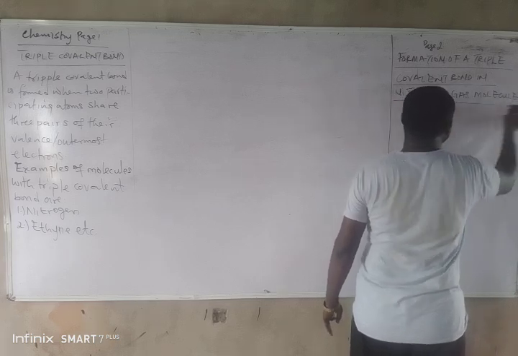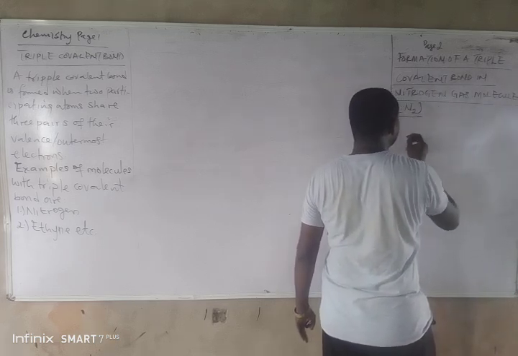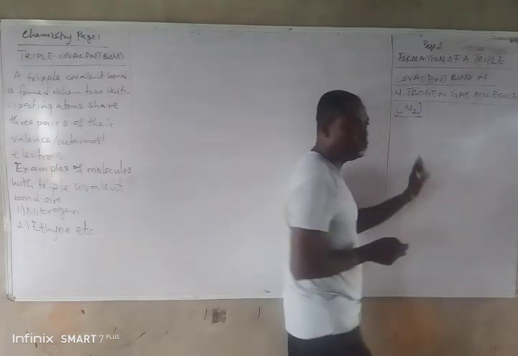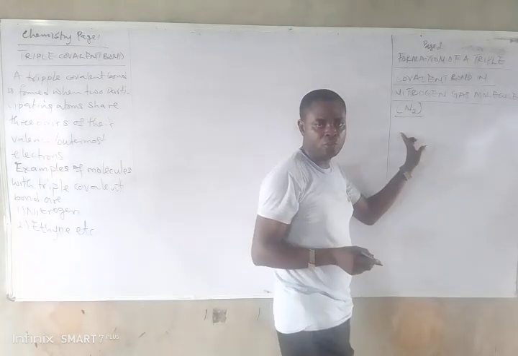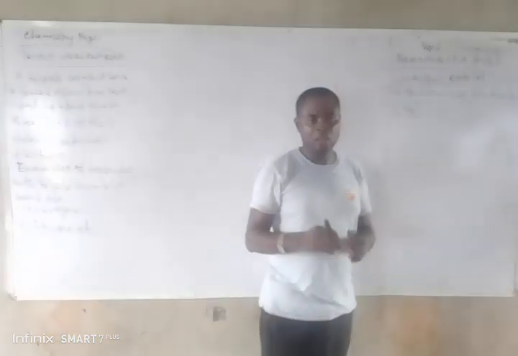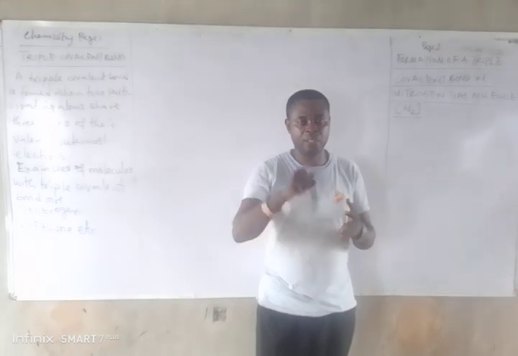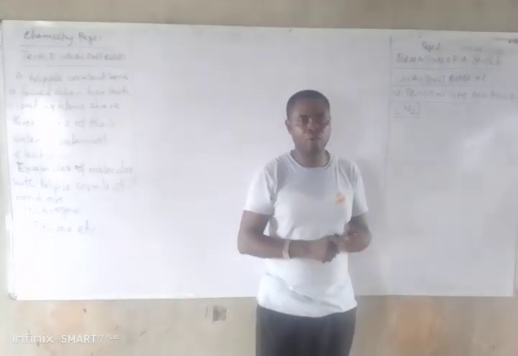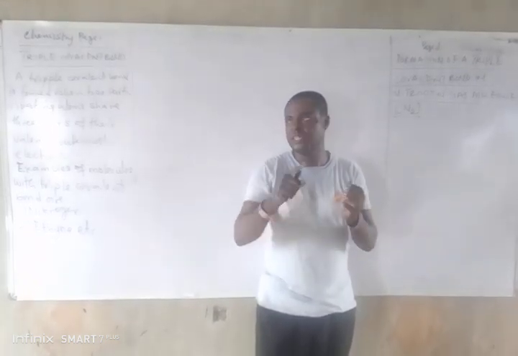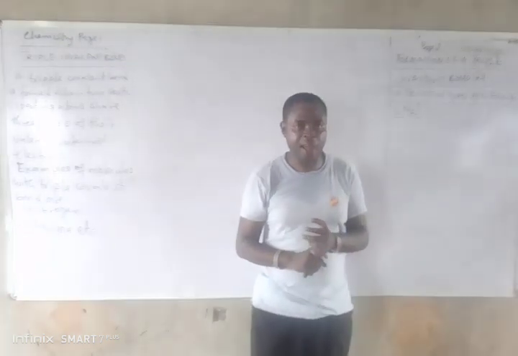Nitrogen gas molecule is denoted by N2. I've done that under atomicity, that for nitrogen the atomicity is 2. Don't forget, hydrogen is 1, helium is 2, lithium is 3, beryllium is 4, boron is 5, carbon is 6, nitrogen is 7. And the configuration for 7 is 2:5, are they?